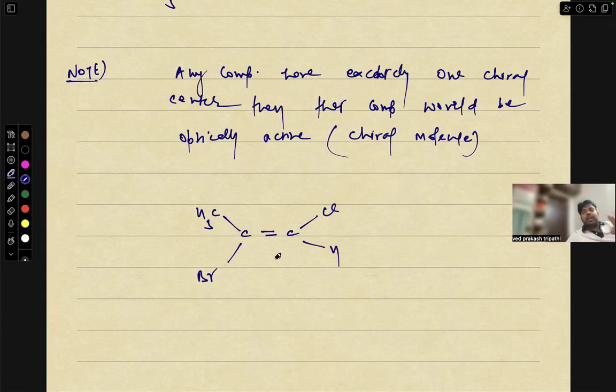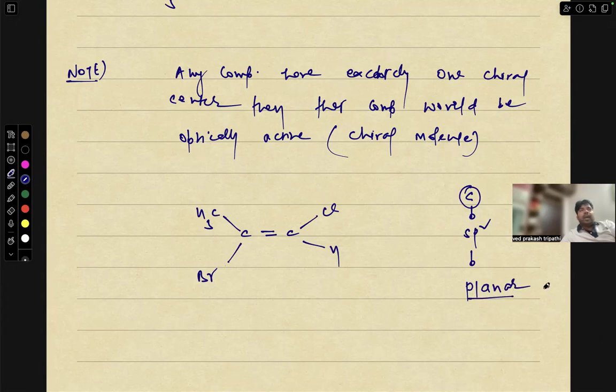And I'm saying what kind of symmetry we have. So look at what is molecular plane of symmetry. Whenever you have a carbon which is sp2 hybridized, this carbon is sp2 because of the double bond. So sp2 hybridized carbon is a planar carbon. So planar means this is the plane.